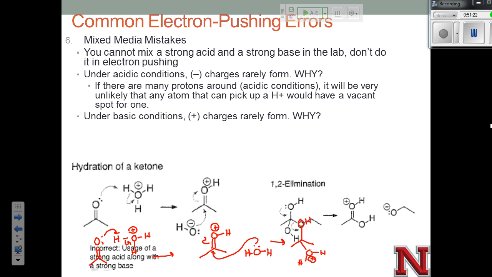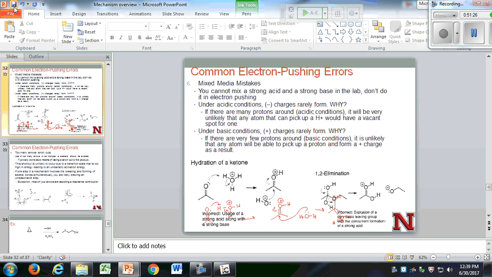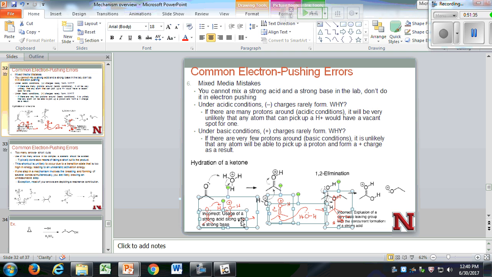In the same way, and let me move these little drawings I just did, I'll put it up here.